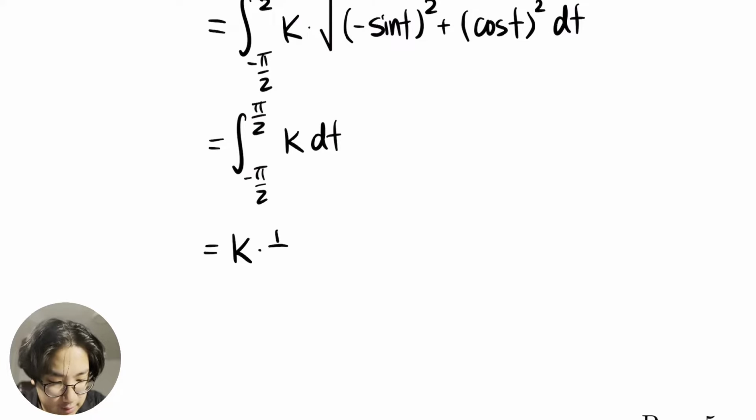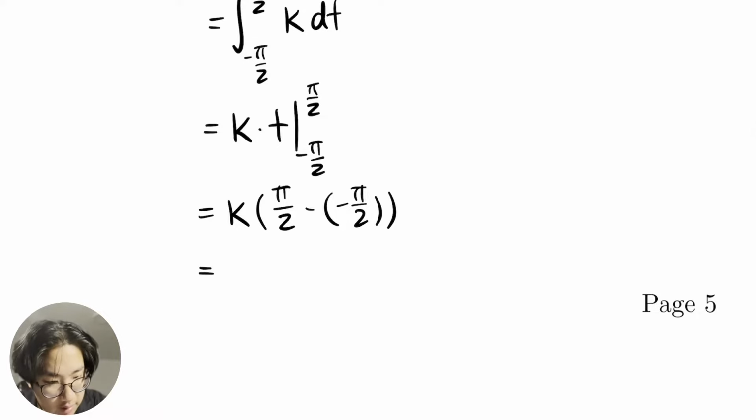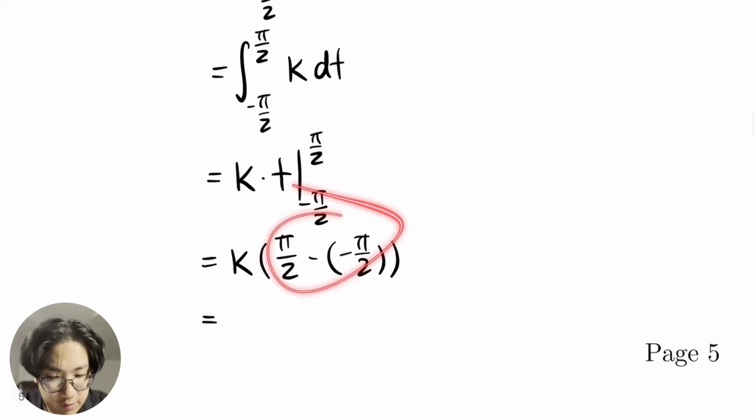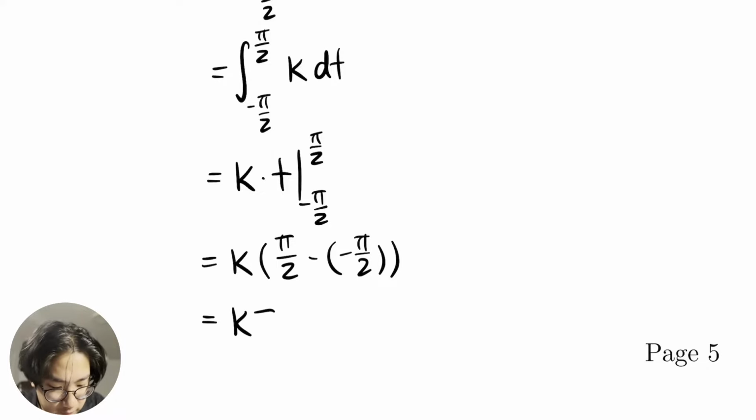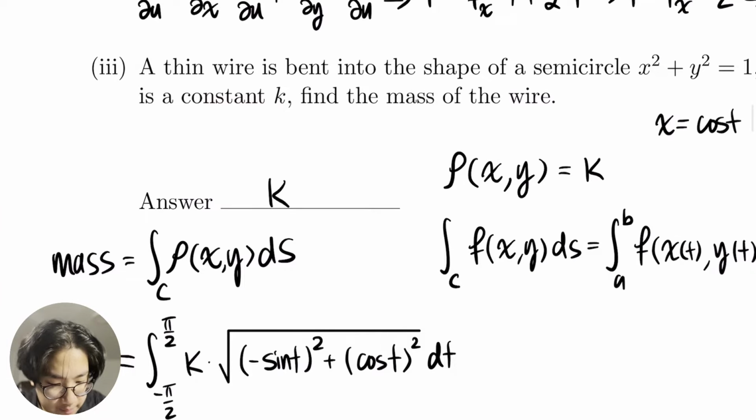So we'll put t evaluated from negative pi over 2 to pi over 2, which is k times pi over 2 minus negative pi over 2. This is just pi over 2 plus pi over 2. So you just have k pi as your final answer. Just like that.